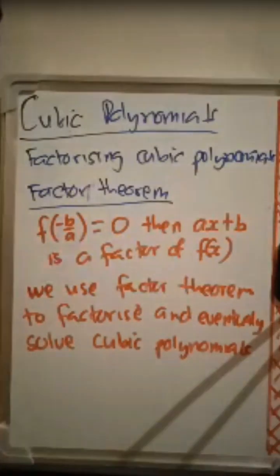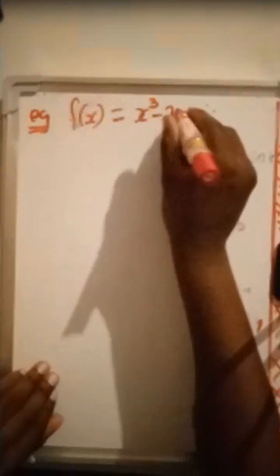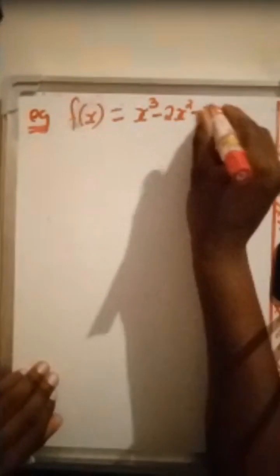Okay, right, now let me go into the gist of things. I want to deal with the factor theorem and eventually factorization of cubic polynomials by looking at an example. Let's say we are given f of x equals x cubed minus 2x squared minus 5x plus 6.